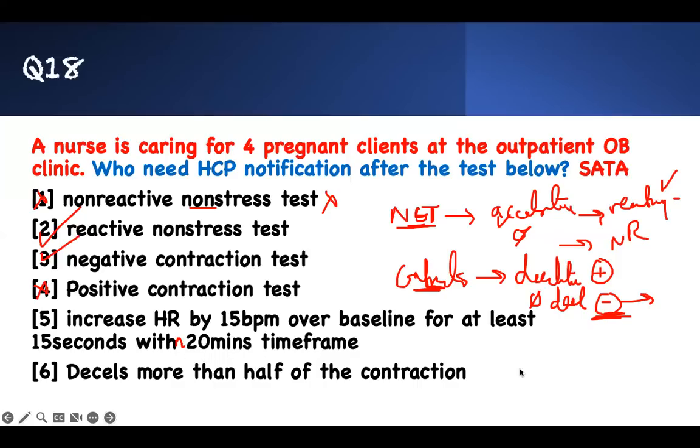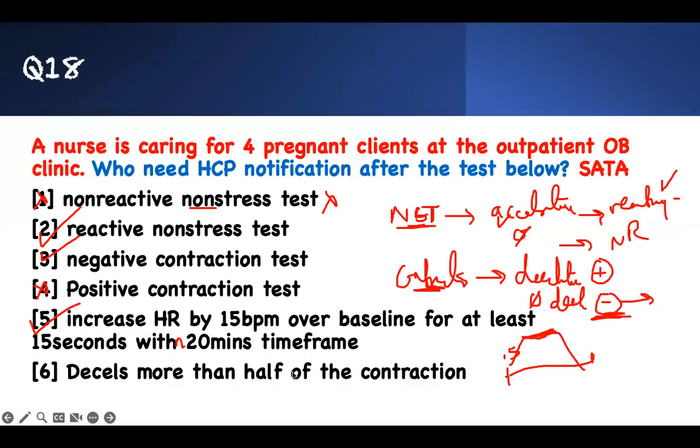All it means is that within 20 minutes, the baby's heart rate goes up 15 over the baseline, remains there for 15 seconds, then comes down. That's acceleration. The baby is reacting, and that is a reactive non-stress test. So this is what we see.